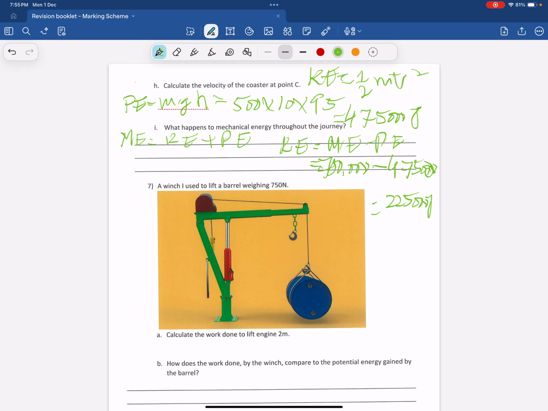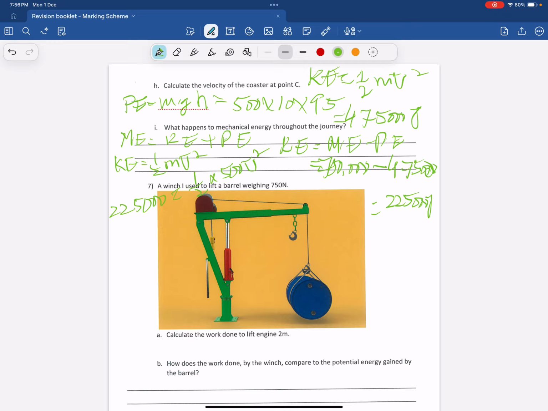And I know the formula, kinetic energy is equal to half mv squared, and now we have 225,000 is equal to half mass, the same 500, and v squared.